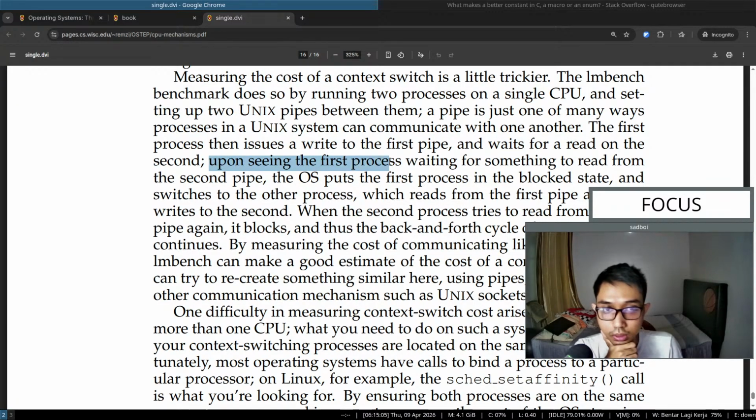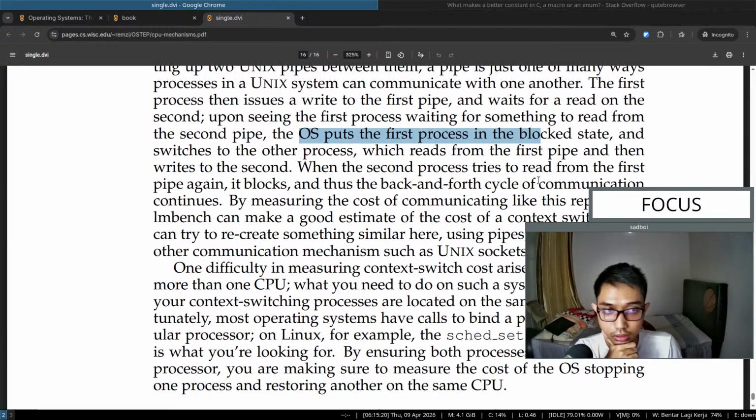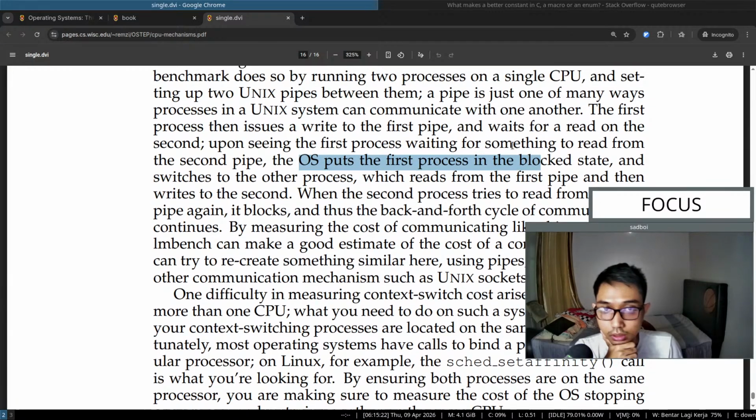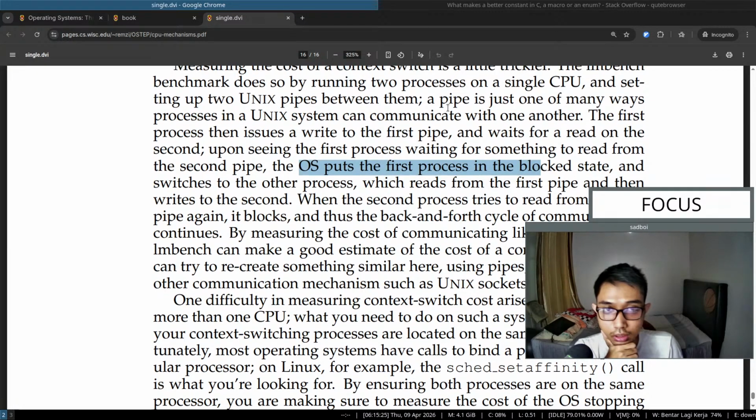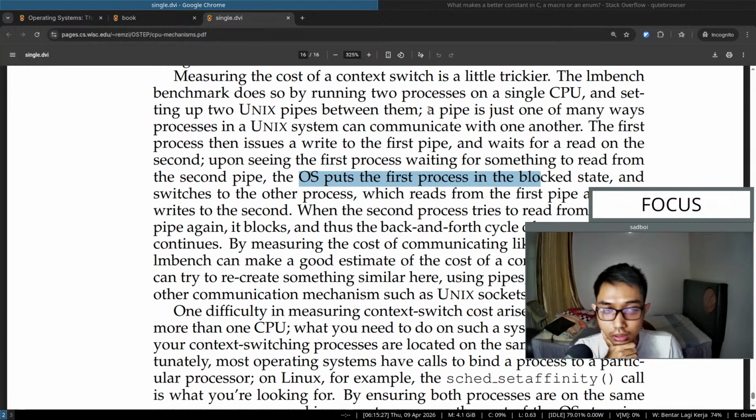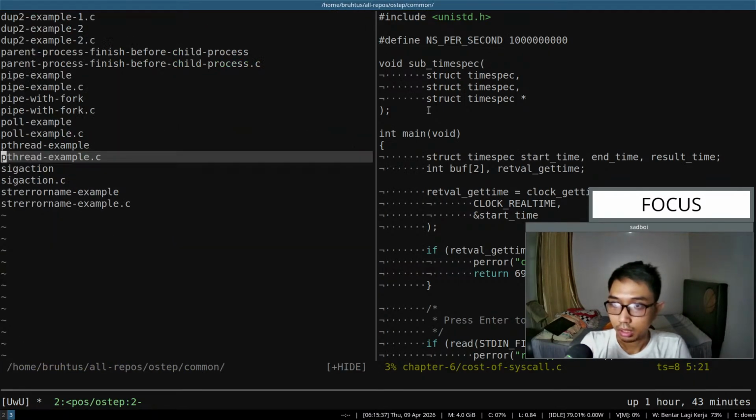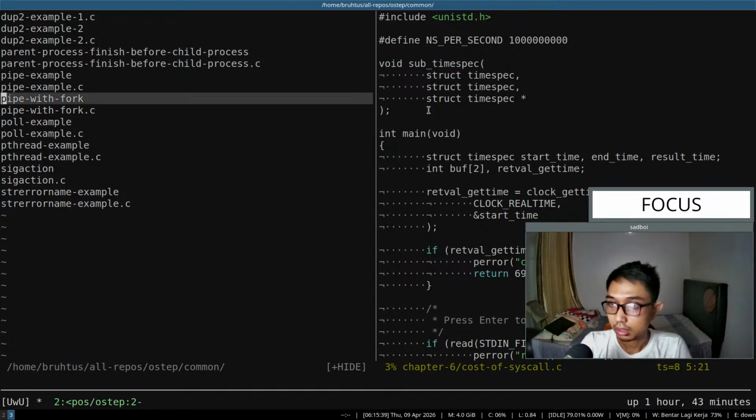Upon seeing the first process waiting for something to read from the second pipe, the operating system puts the first process in the blocked state. Okay. I think this is easier to do with the parent and child process using fork. I mean, I already did that.